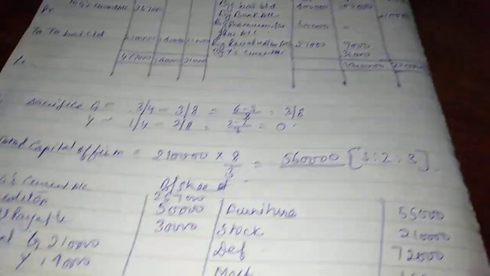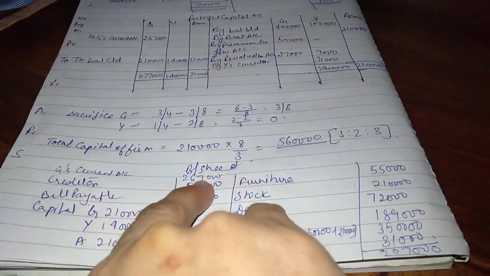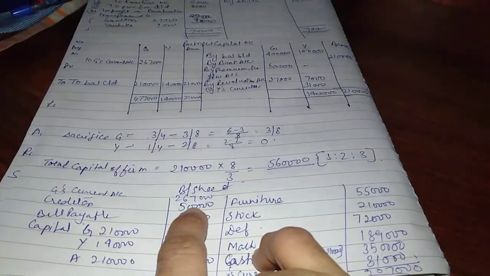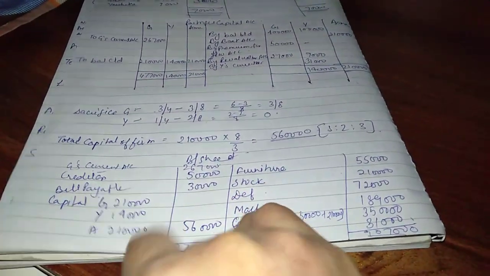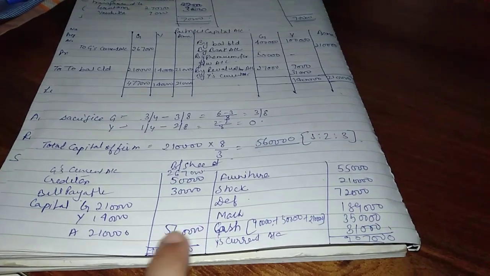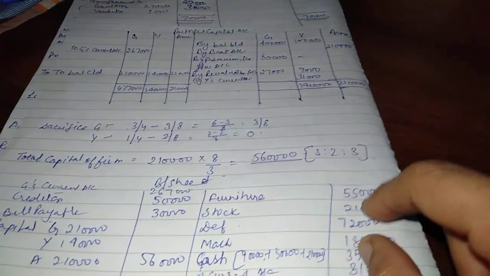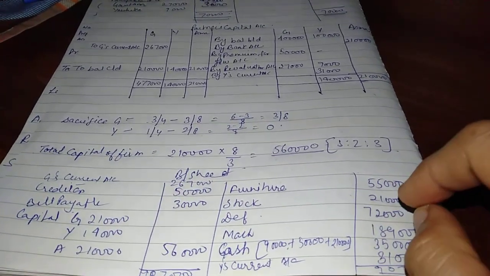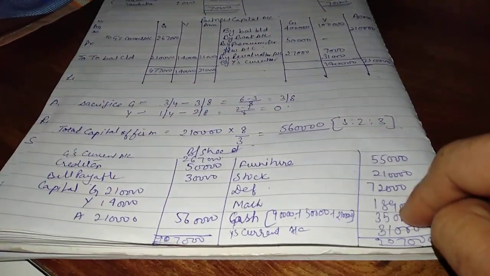Now in your balance sheet, first is Gautam's current account, then your creditors, then your bills payable as given in the question, then your new capitals. The total is 9,07,000. On the same side, your revised value of furniture, stock, then your debtors, machinery.